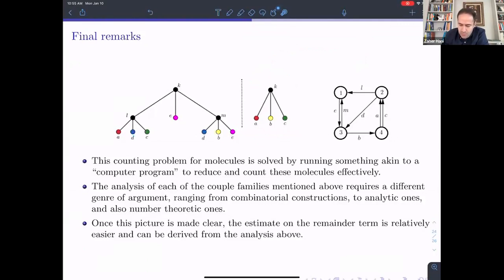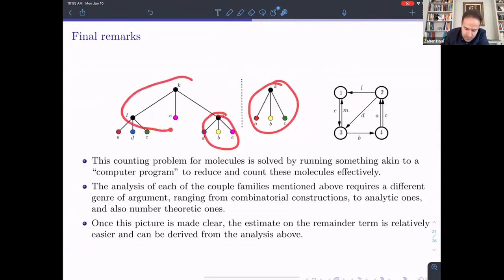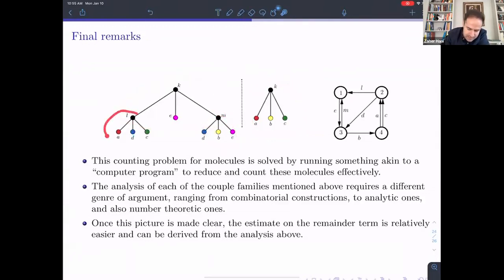So the molecule is formed of atoms and bonds between the atoms. Each atom in this molecule corresponds to what we call a nuclear family. So this is a nuclear family, this is a nuclear family, this is a nuclear family, and this is a nuclear family.